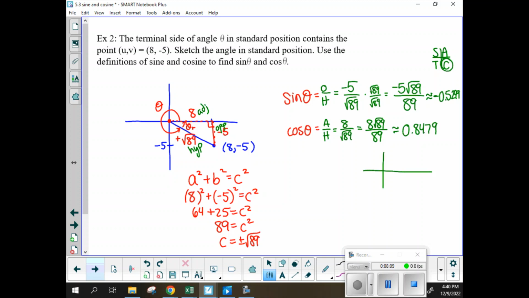And what we don't know is what the angle is exactly, but we do know we would have a y value. If our maximum here is 1, oops, that's sine, not cosine. That looks like this. We're somewhere here, 0.8479. So we can think about, what might that angle measure be? That's something we can find out in the future as well.